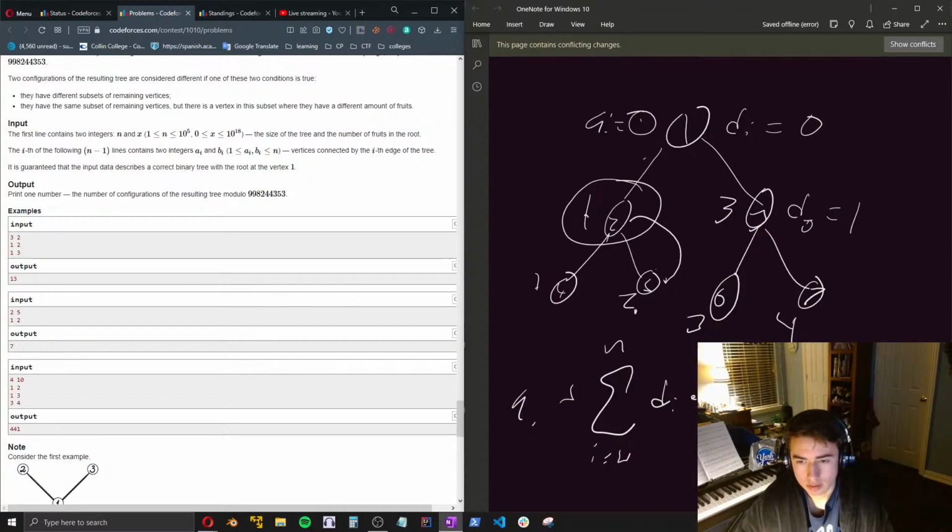Is that right? This must be equal to m, or what's given in the input? X.